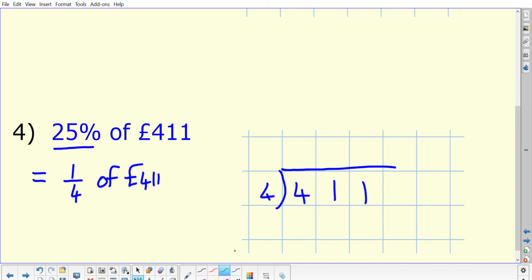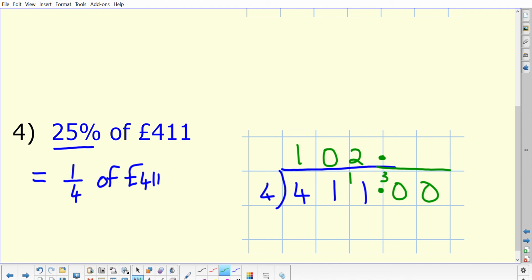So I have 4 into 4 goes 1, 4 into 1 doesn't go, carry the 1 over, 4 into 11, so 4 times 2 is 8, and what I need to do with that 3 that's left over is I need to write my 411 with .00 because I need to be going into the pence.